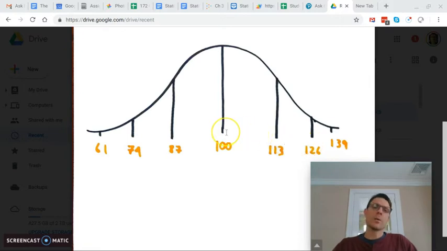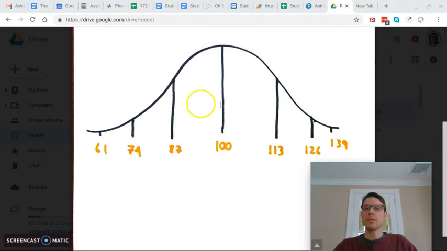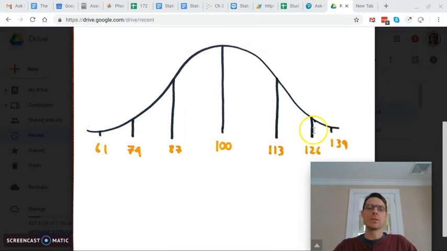I did the same going in the negative direction here. So we know that 68% should be between 87 and 113. We know that 95 should be between 74 and 126. We know 99.7 should be between 61 and 139.